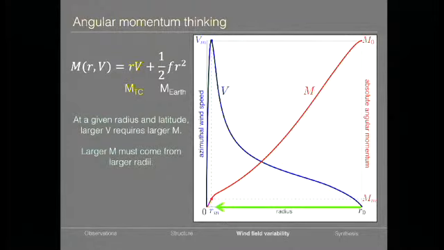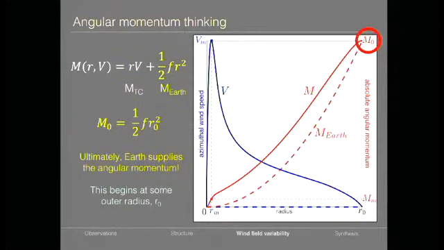And this larger value of M has to come from larger radii. M increases with radius, and it has to, otherwise it's inertially unstable. And so these larger values of M have to come from larger radii. So there's this inherent radial correlation in how the system has to evolve.